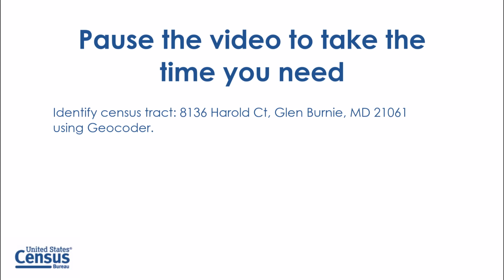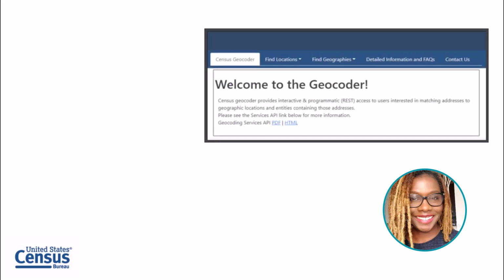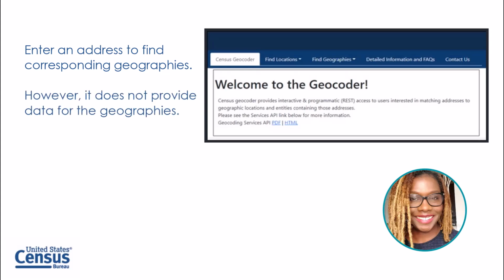21061 using Geocoder. As explained in Module 2, the Census Geocoder allows you to enter an address to find the corresponding geographies. However, it does not provide data for the geographies. Data users can also geocode up to 10,000 addresses.